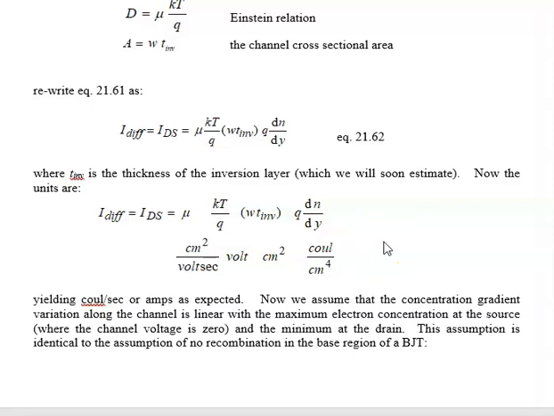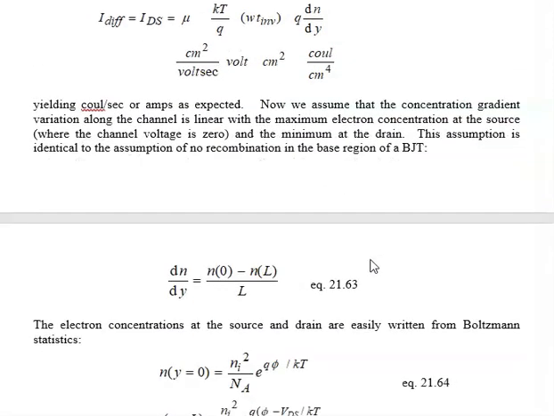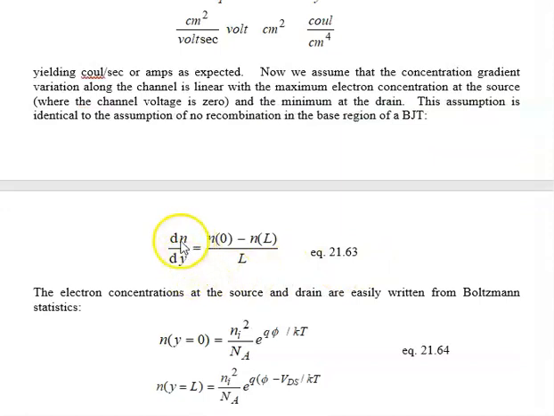This is exactly the kind of procedure that we followed for the currents in a bipolar junction transistor. So now we assume that the concentration gradient is equal to the concentration at the source, where L equals 0, minus the concentration at L, the drain, divided by the distance.